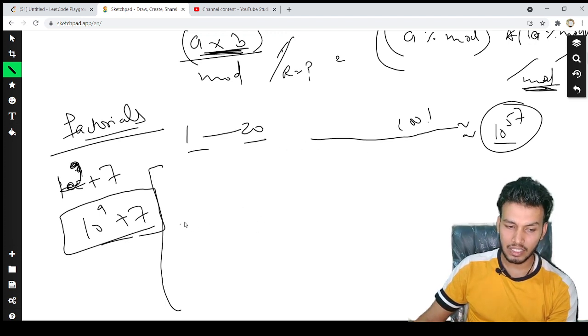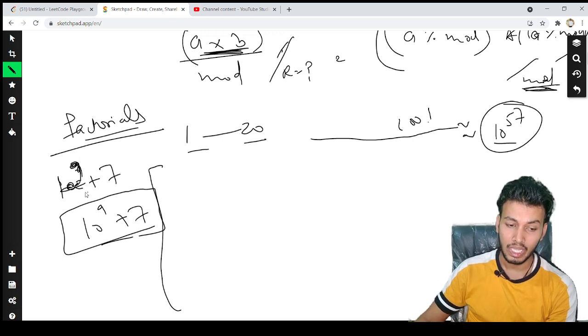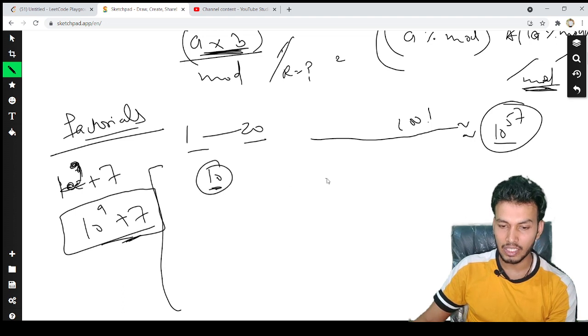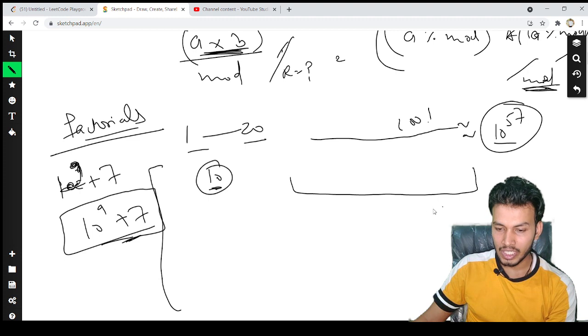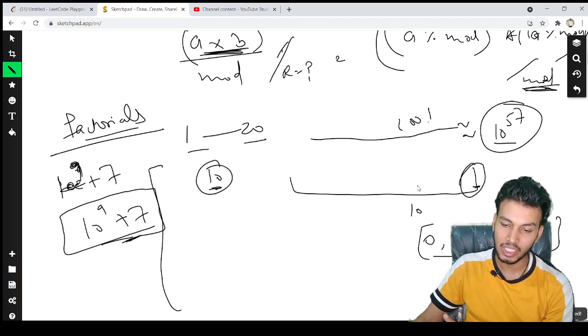Now you may ask, why such a huge value? Let's say they gave the value 10. Now if there is a very, very huge value and you divide it by 10, the remainder will always be the last digit. So the remainder could be 0, 1, 2, 3 up to 9 only. So how many chances are there that your wrong answer will match their correct answer?